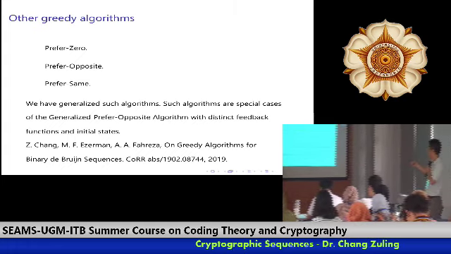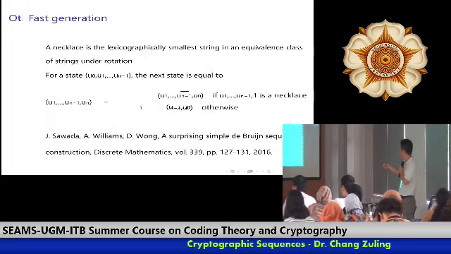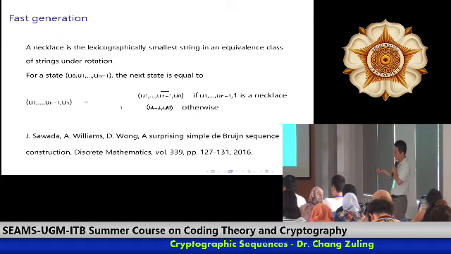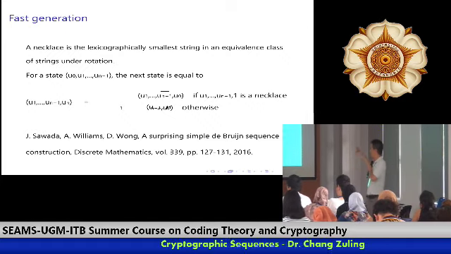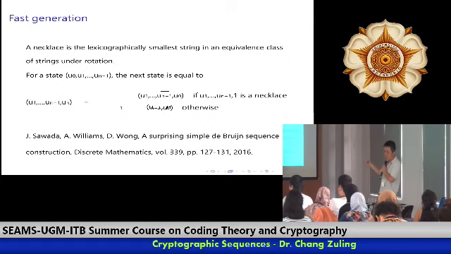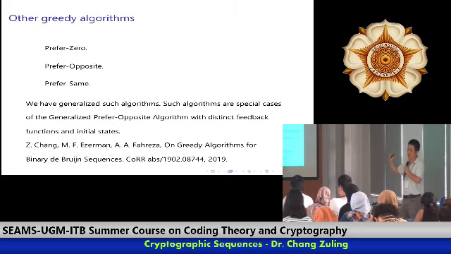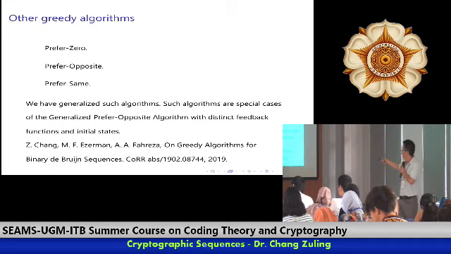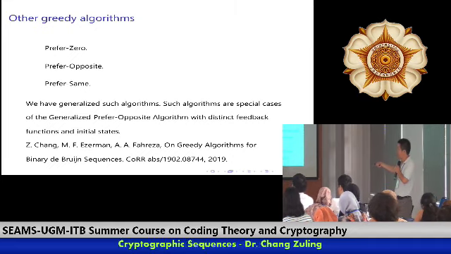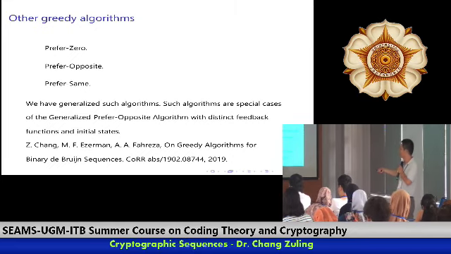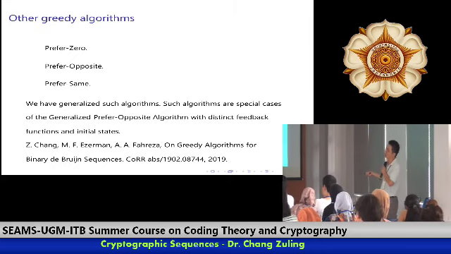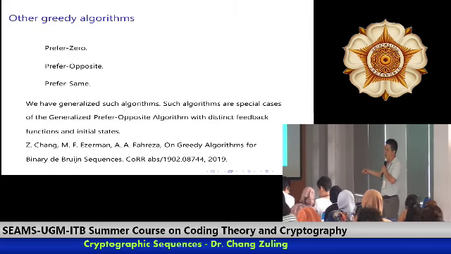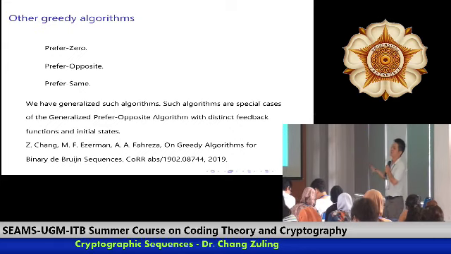In this case, this case is the prefer opposite, to include all the nonzero states into 1. We prove such methods are just special cases of this GPO algorithm by choosing distinct feedback functions on the initial state.